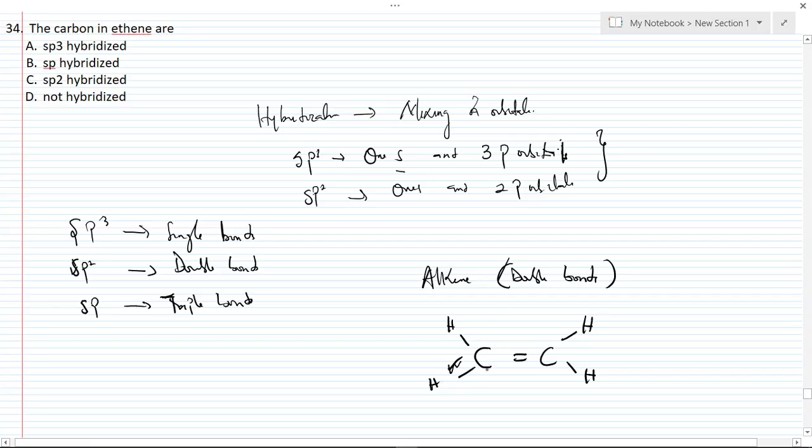So the question is asking, the carbons in ethene, what kind of hybridization do they have? So the fact that there is a double bond, it pretty much means that they are sp2 hybridized, that's 1s and 2p orbitals. So the correct option is option C.